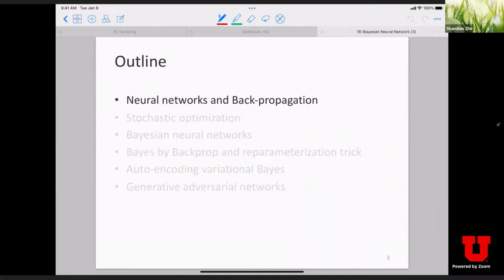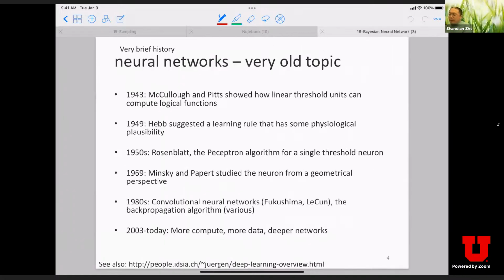Okay. So first, neural networks and backpropagation. Neural networks are a very old topic. It can be traced back to 1943, starting from some research by psychologists. And then people developed more and more powerful and larger neural networks.